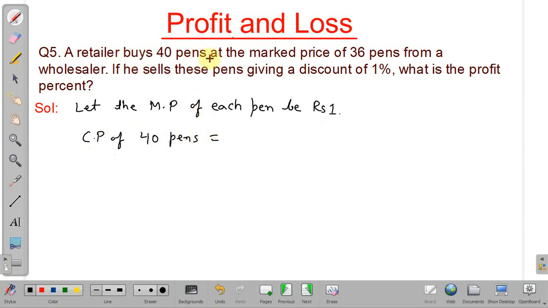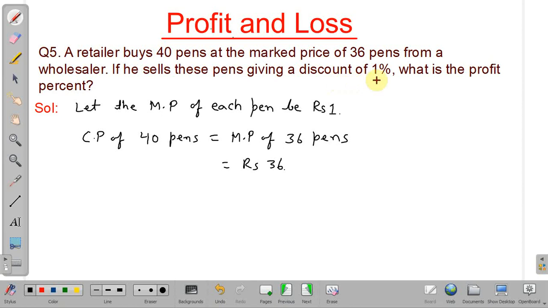See, he is buying at marked price of 36 pens. So it will be equal to marked price of 36 pens, and per pen marked price is 1. So it will be rupees 36.